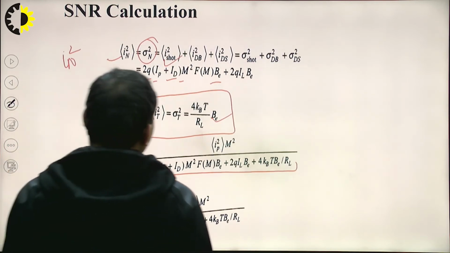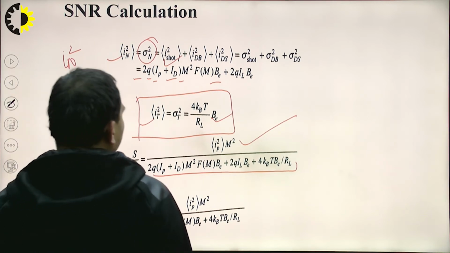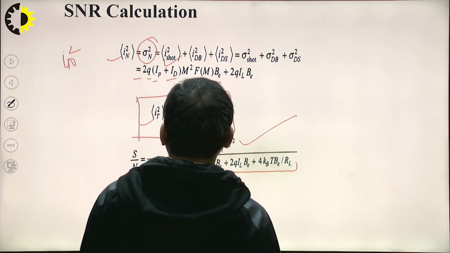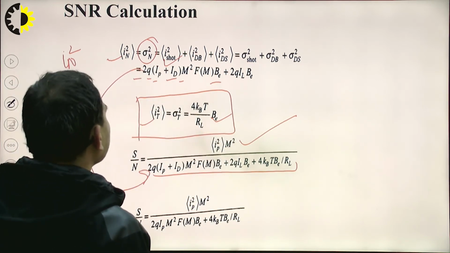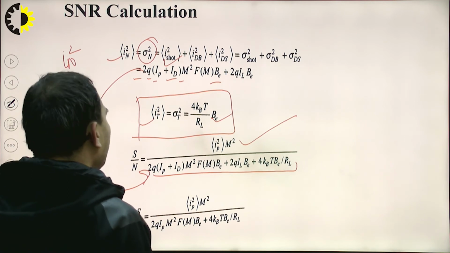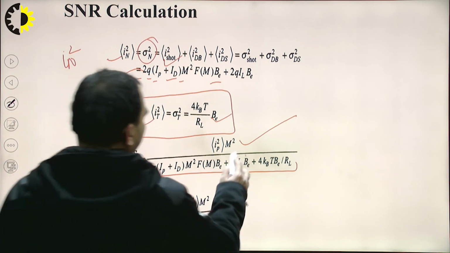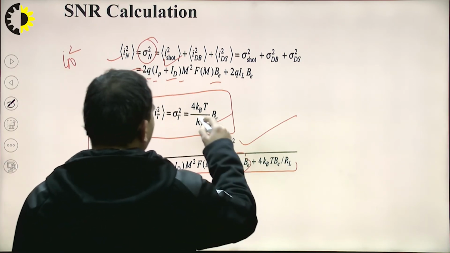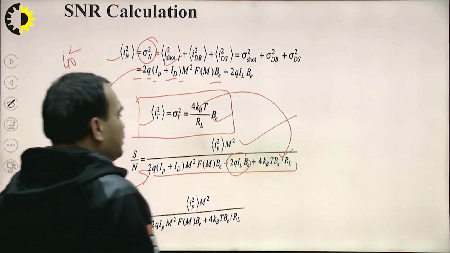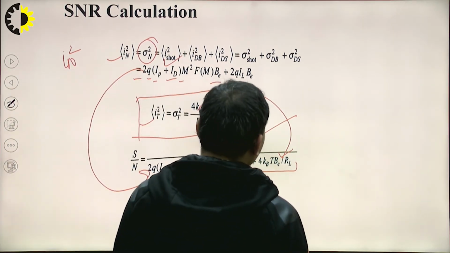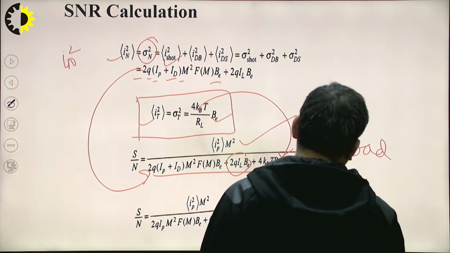So the signal power is IP square into M square, and the noise power is given by 2q IP plus ID, M square FM BE, plus 2q IL BE, and this factor. This factor is the thermal noise. Due to the thermal noise, we have 4k B T BE by RL, where RL is the load resistance.